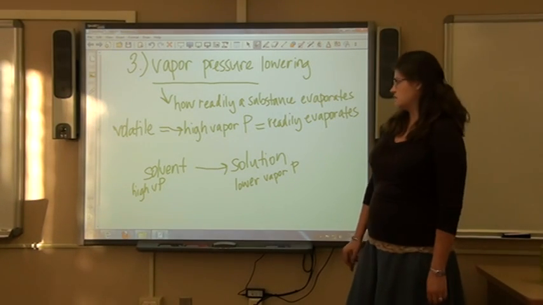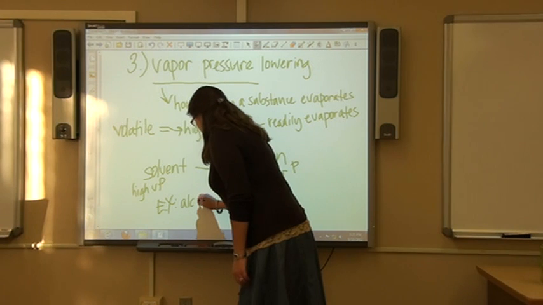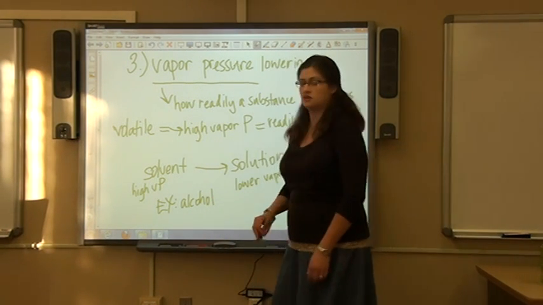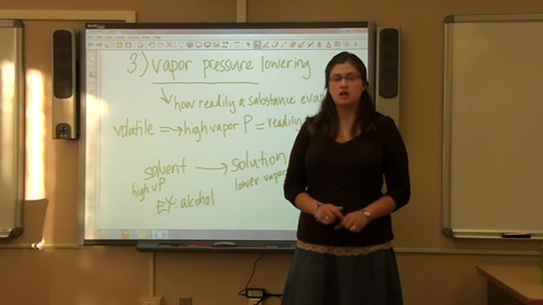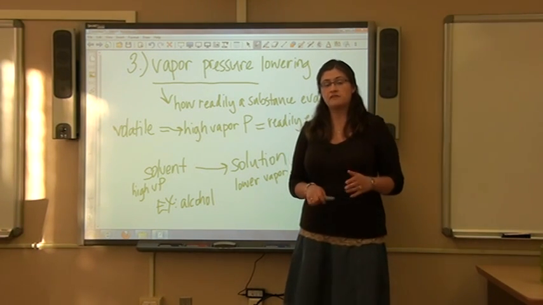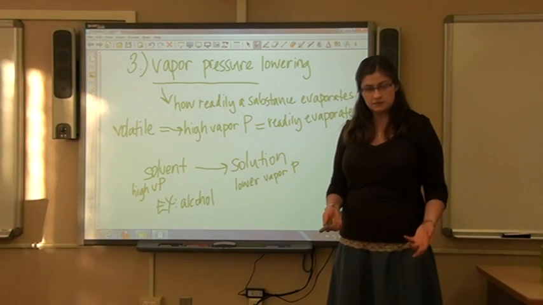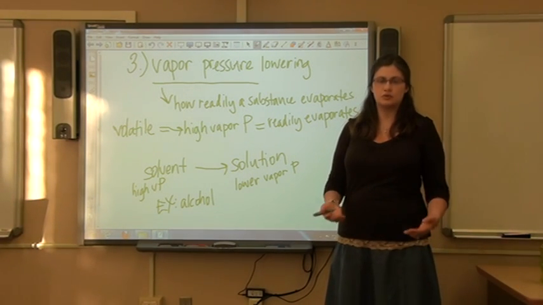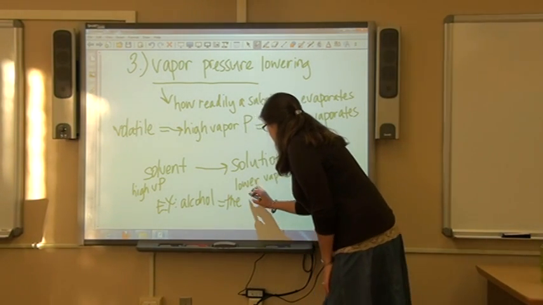A good example of this would be any kind of alcohol. Now, I'm not talking rubbing alcohol, I mean booze. The alcohols that have the most percentage alcohol per volume content are the ones that are the most volatile.